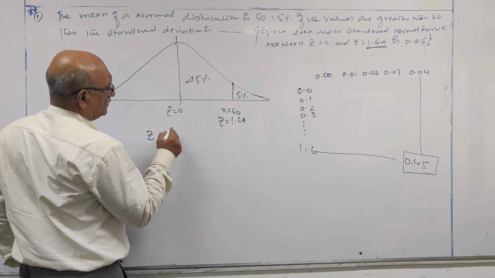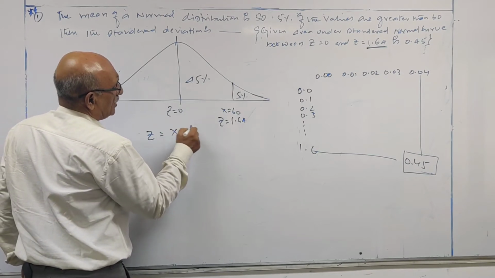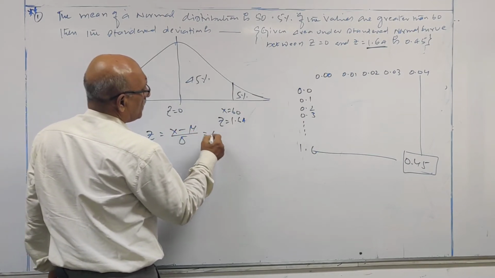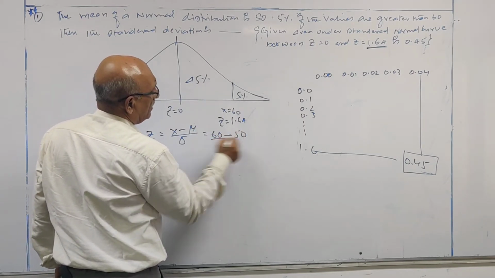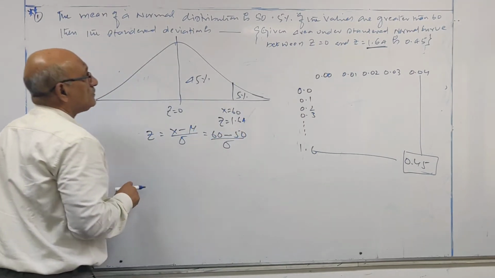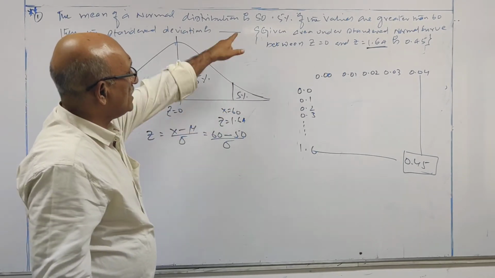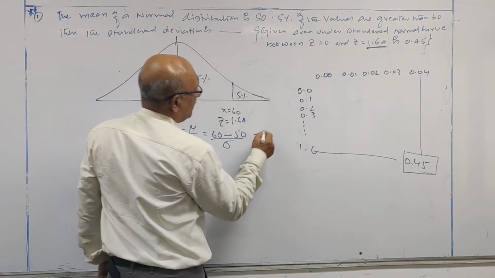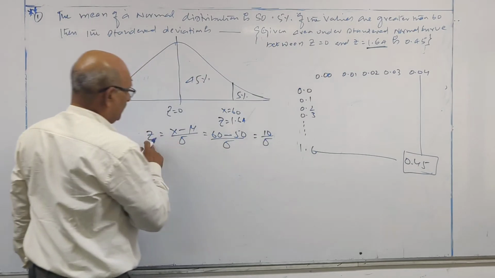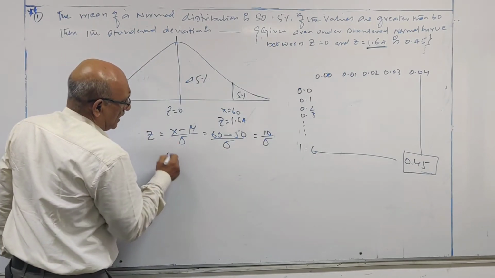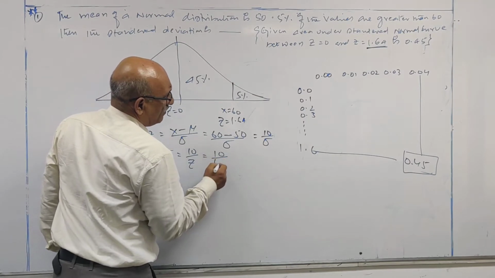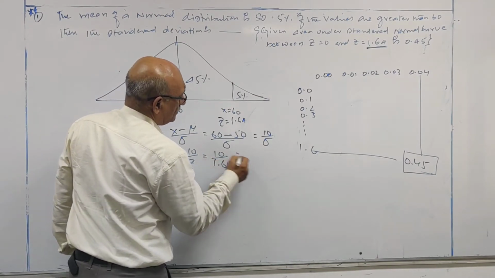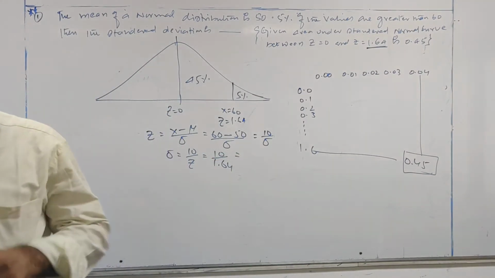Z is equal to x minus mu divided by sigma. X is 60, mu is equal to 50, divided by the standard deviation. X is equal to 60, mean is 50, so 10 divided by the standard deviation is z. Standard deviation is 10 by z, 10 divided by 1.64.